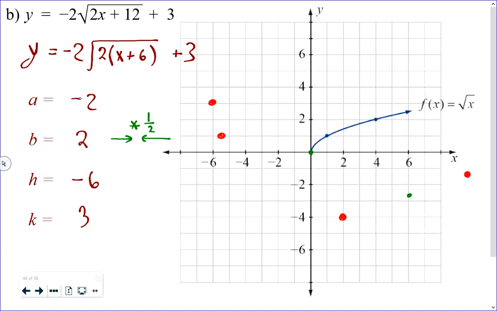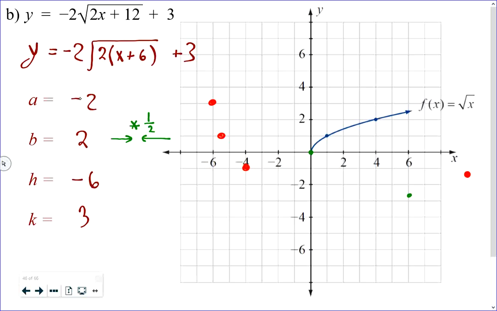I might have said y-axis. I apologize if I did. So going back to the beginning, reflect it vertically across the x-axis, stretch it by a factor of 2 relative to the x-axis, stretch it by a factor of 1/2 relative to the y-axis, and then move it 1, 2, 3, 4, 5, 6 to the left, and 1, 2, 3 up.